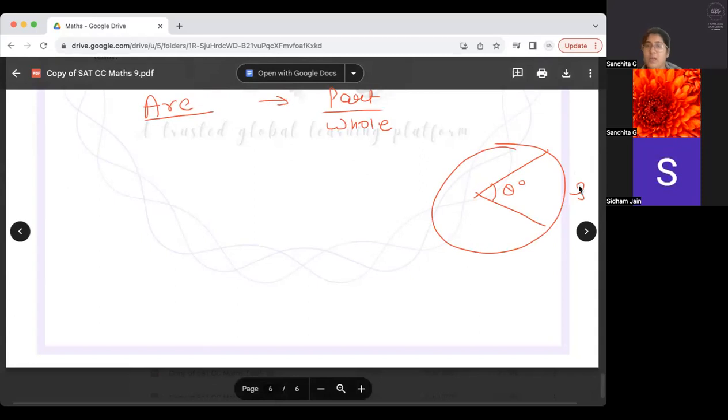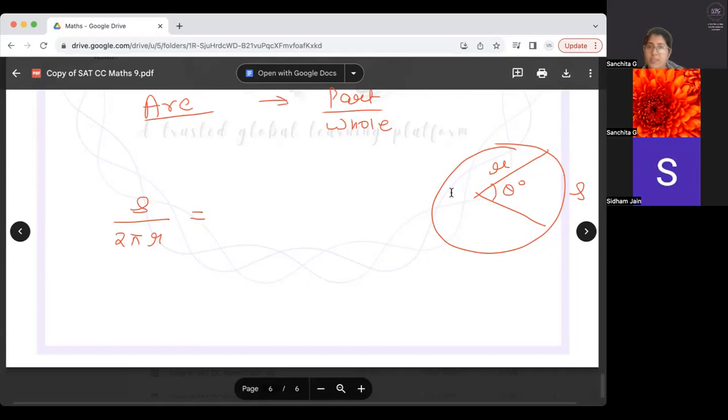I have this as R. Generalizing it, what do I write? S over circumference, 2 pi R, is equal to the degrees.